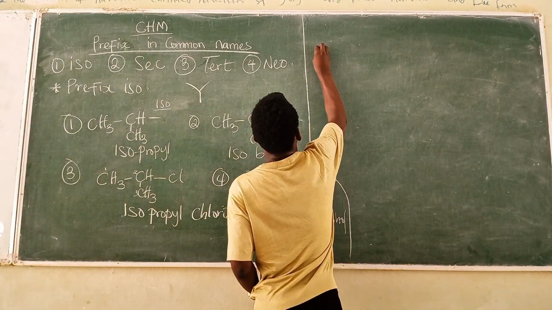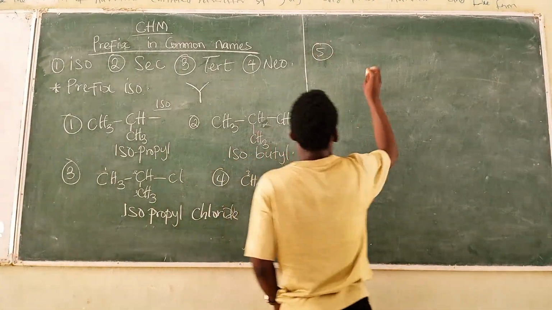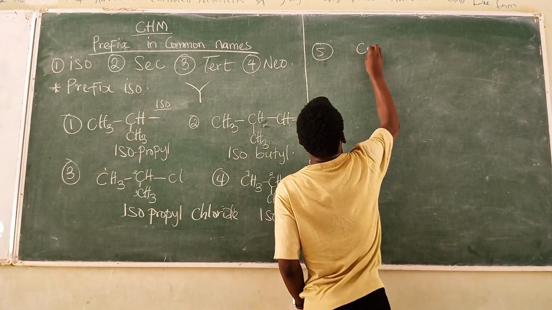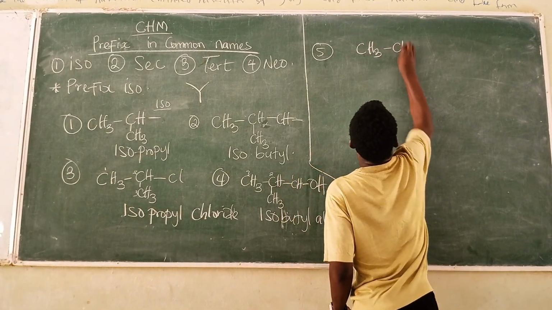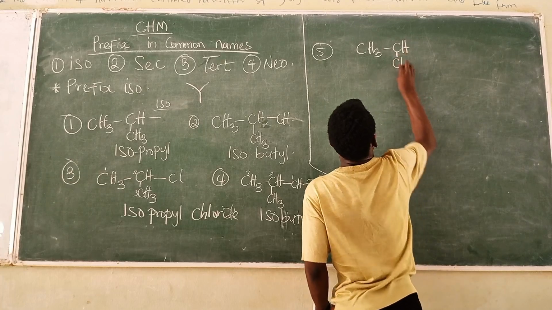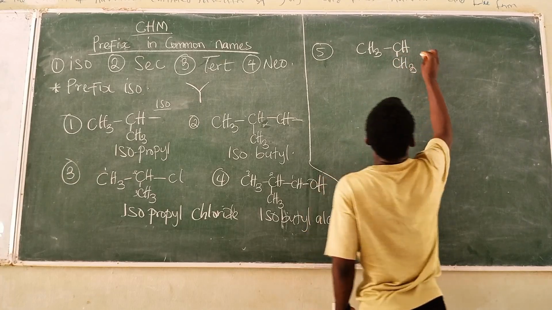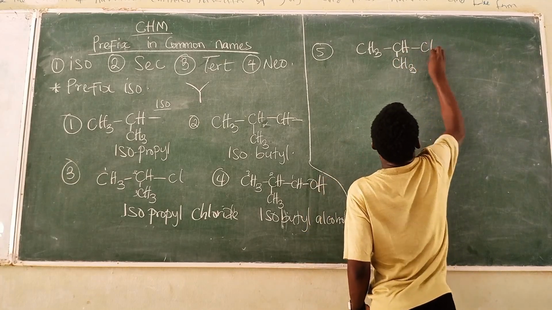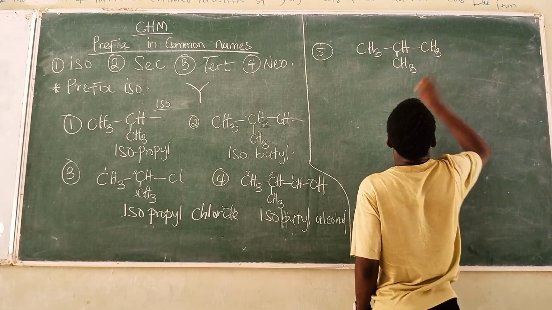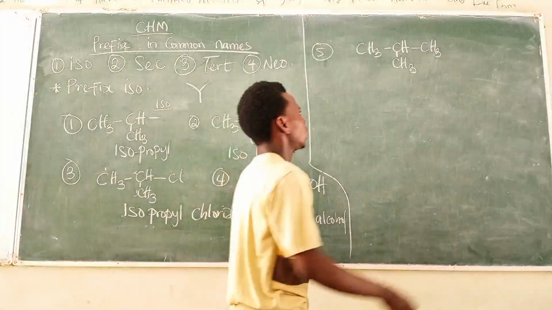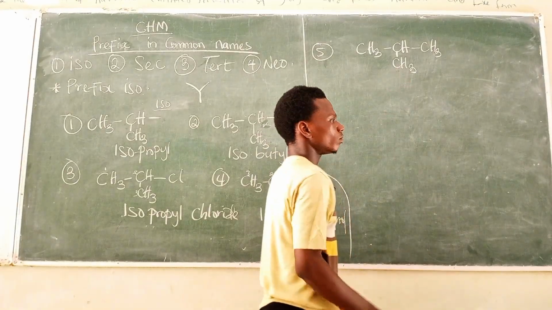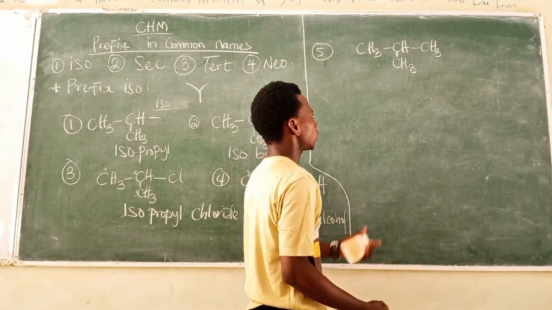Now let's call this example 5. In example 5 we have this. What are you going to call the common name of this particular compound? You can identify the prefix iso in this particular compound.